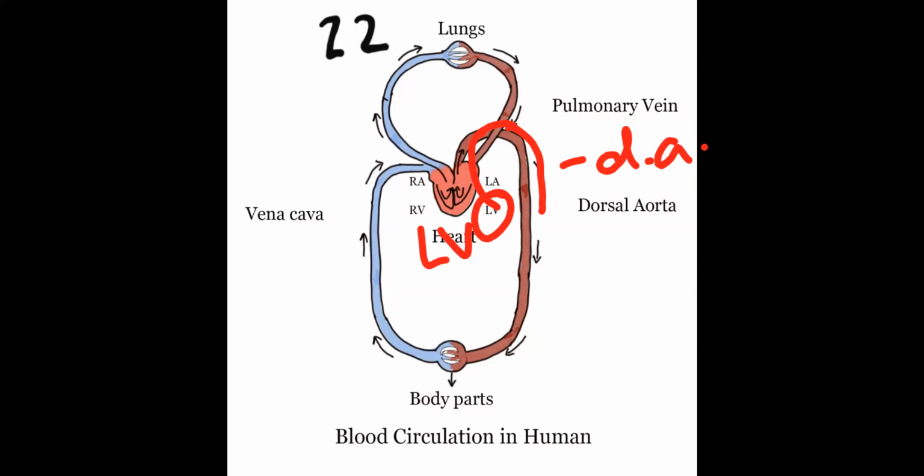Arteries. These arteries carry the blood into what? Body parts, the oxygenated blood. And from them, blood is collected by various veins. These veins in the form of superior and inferior vena cava, they open into which part? Right atrium.